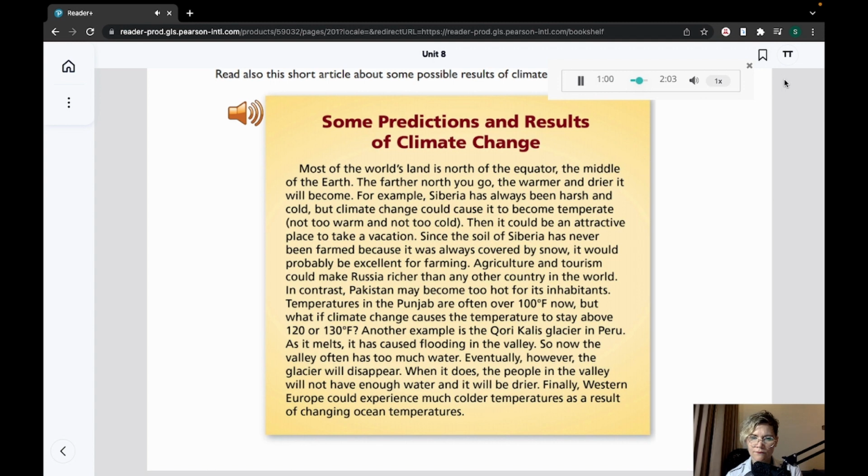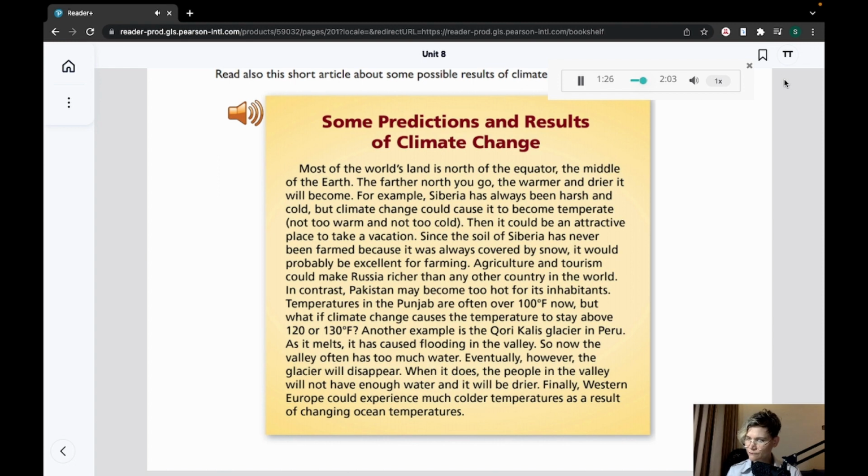In contrast, Pakistan may become too hot for its inhabitants. Temperatures in the Punjab are often over 100 degrees Fahrenheit now. But what if climate change causes the temperature to stay above 120 or 130 degrees Fahrenheit?